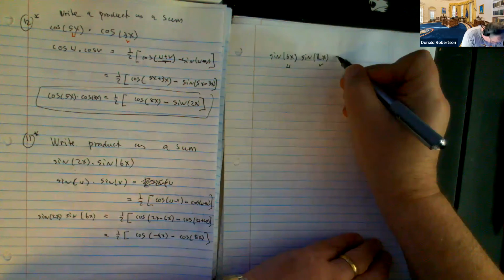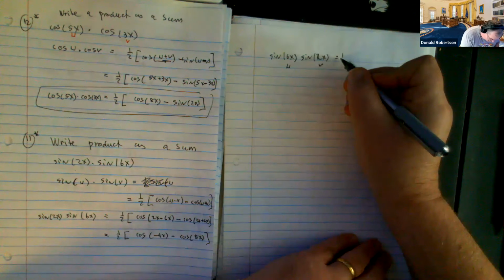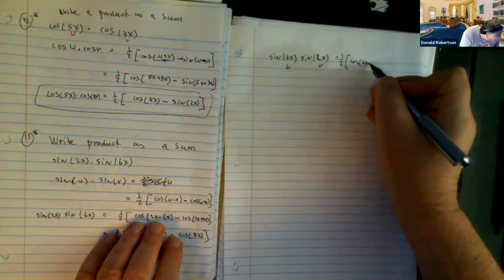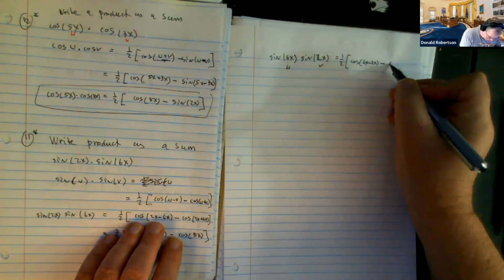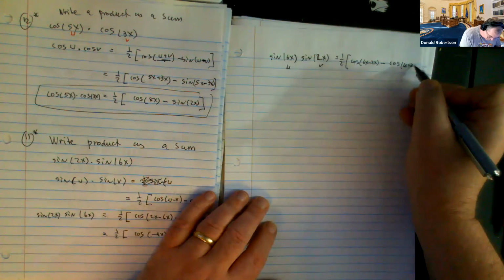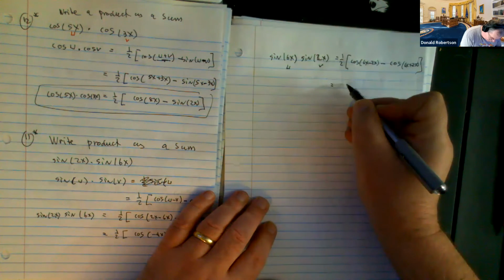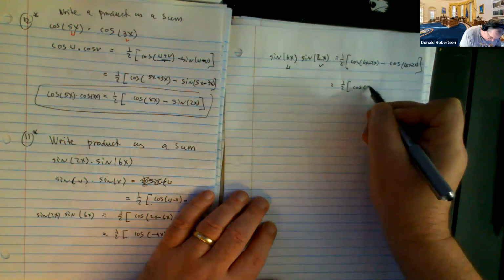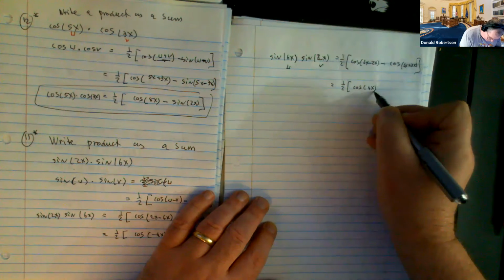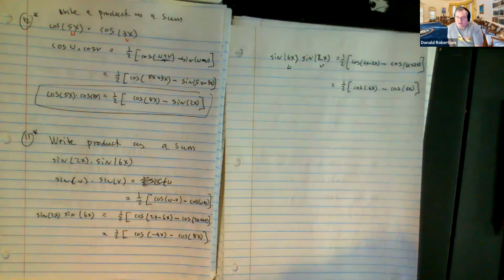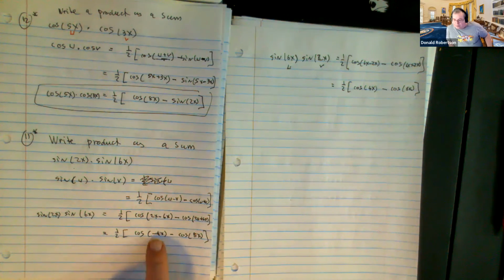Well, it would be 1/2 the cosine of 6x take away 2x, subtract the cosine of 6x add 2x. And that gets me the cosine of 4x take away the cosine of 6x, and we solved the problem. That would be the easiest way to solve this, right? Just to switch the order so you don't have to deal with the cosine of negative 4x.